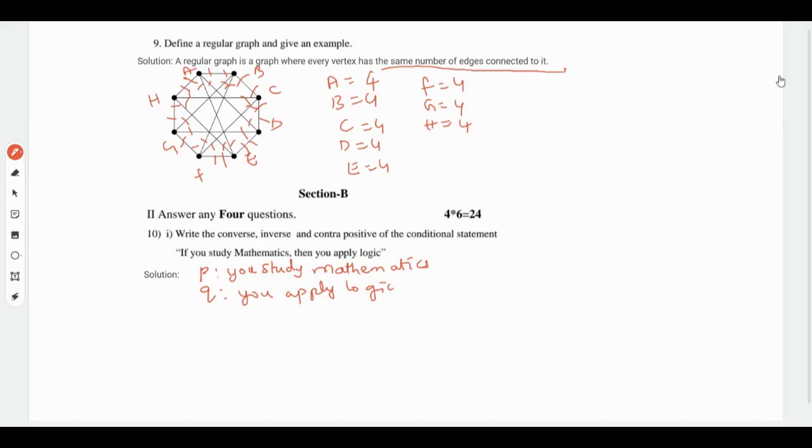The converse will be Q implies P. The arrow mark indicates an if-then statement. So if you apply logic, then you study mathematics.